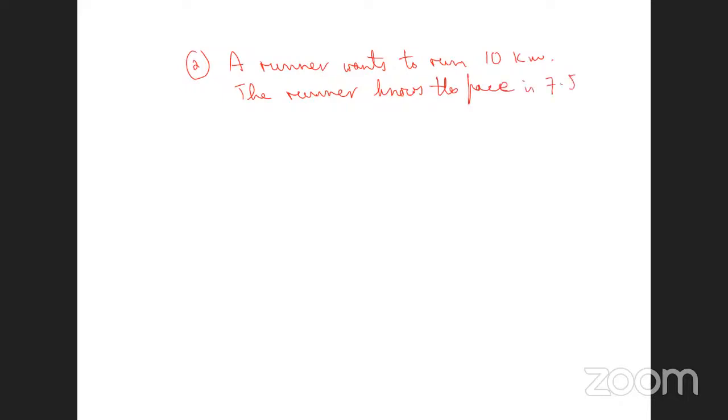Okay. Write the question. A runner wants to run 10 kilometers. The runner knows the pace at which the runner is running, his pace, the speed, we'll say, right? 7.5 miles per hour.